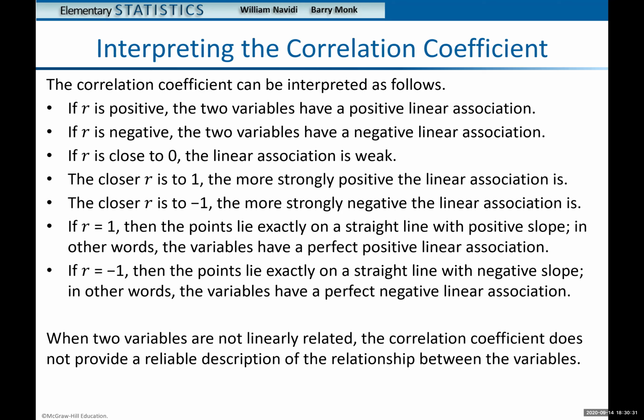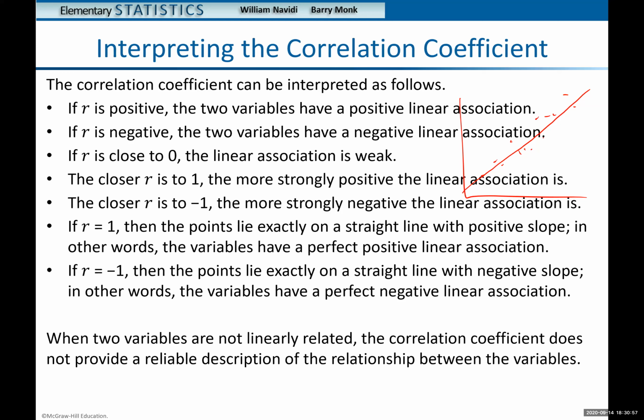The closer R is to 1, the more strongly positive the linear association is. If you see most of the points very close to the line, just like the last example, that's why you will see 0.990 plus. So there is a strong positive linear association.